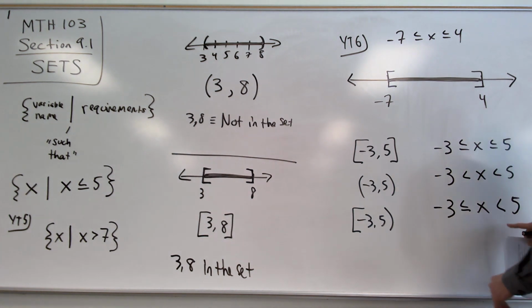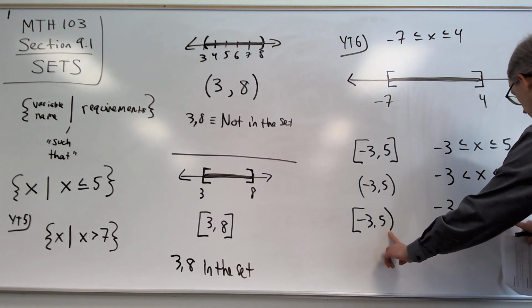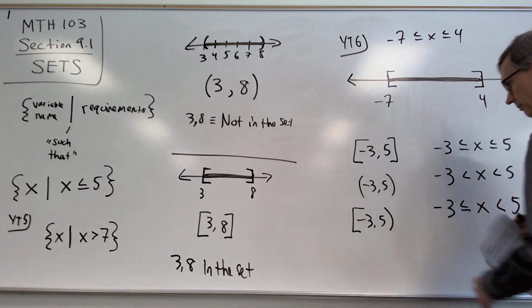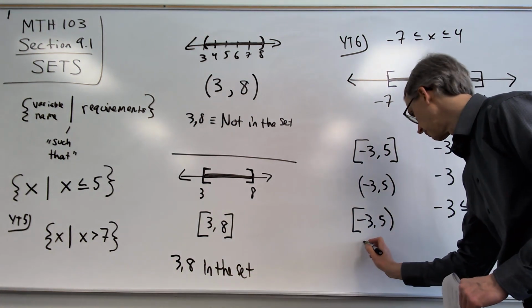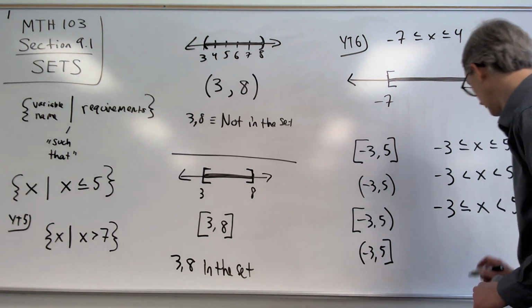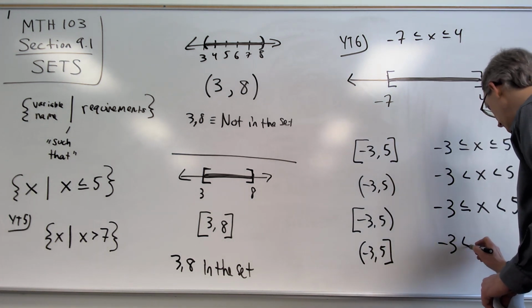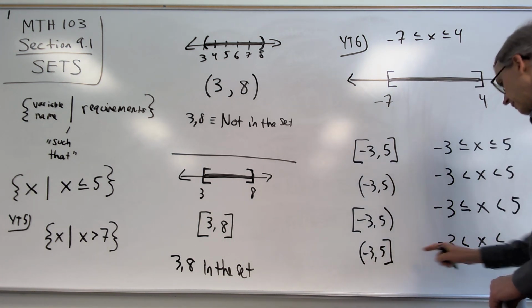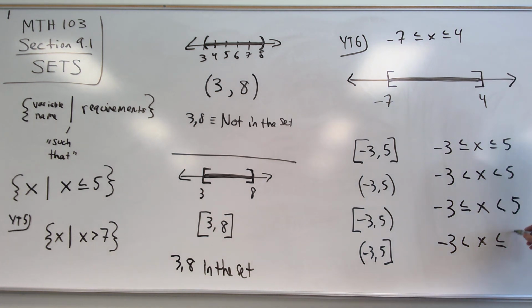So we can mix them up, and then the symbols correspond in order. And then we could do parenthesis -3, comma 5 bracket, and that'll be -3 strictly less than x. And then for the bracket on 5, we have a less than or equal to 5. All right, so that's the 4 ways that these can be written.